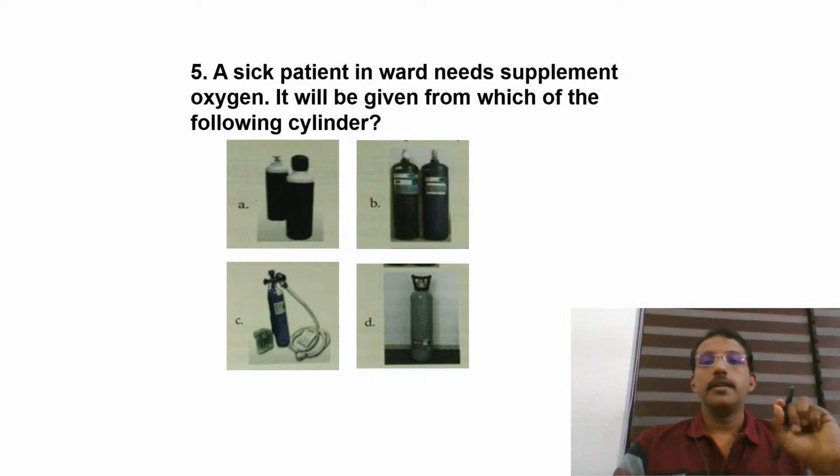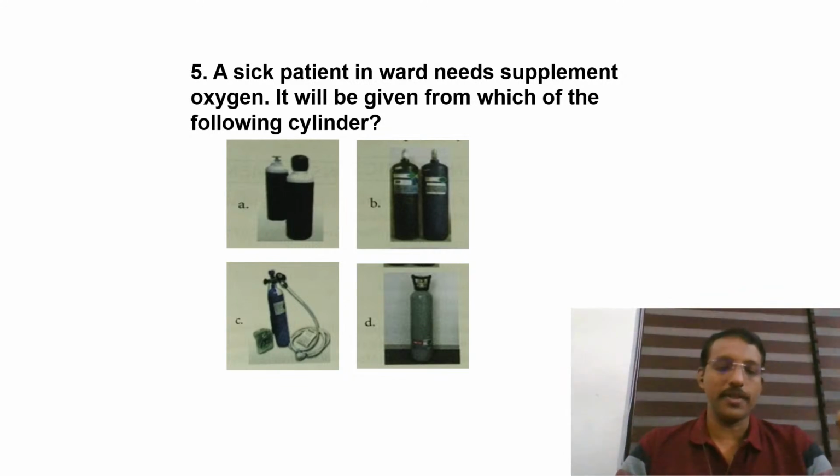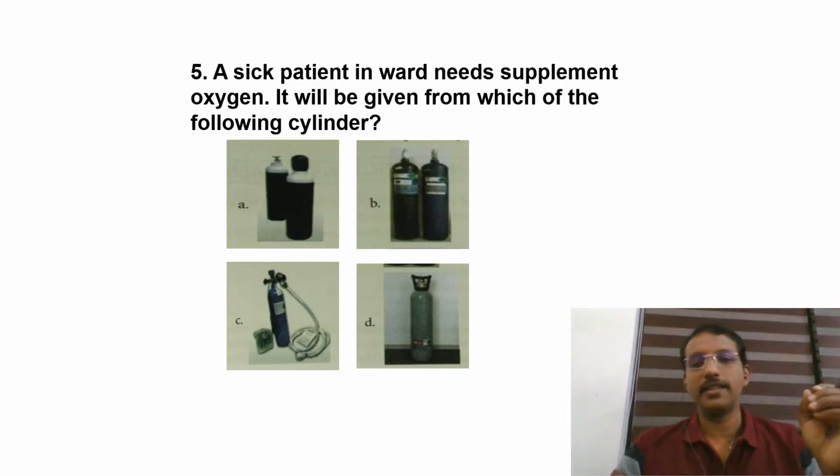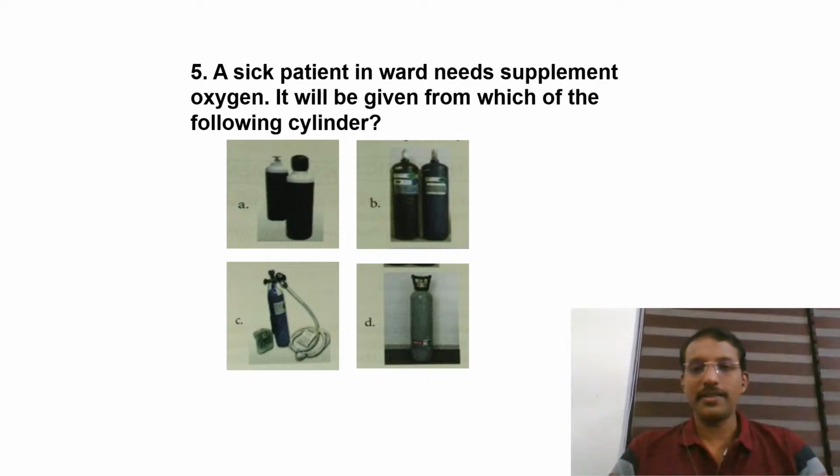Now, the next question. A sick patient in the ward needs supplement of oxygen. It will be given from which among the following cylinders? Very simple question, a repeat question, they have asked it multiple times. Can anybody take an answer to this? So it is easy for me, then I will go further.